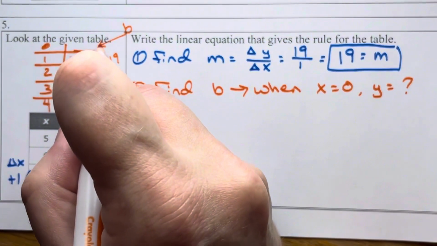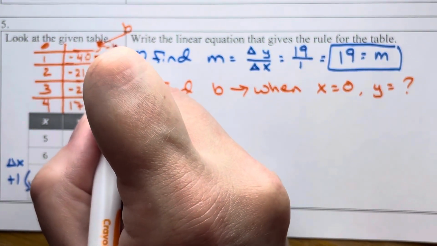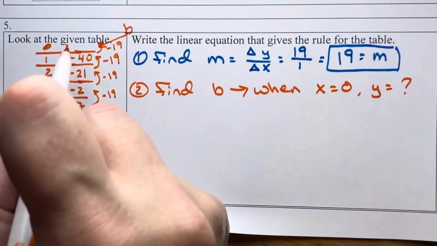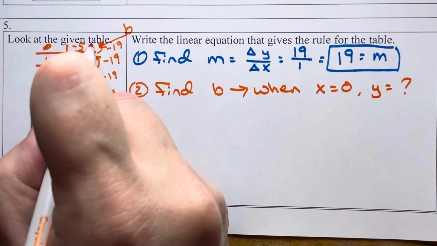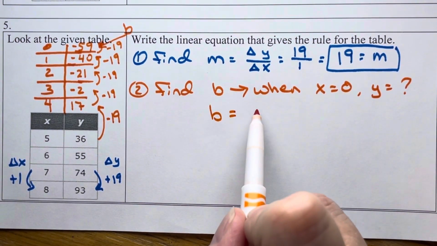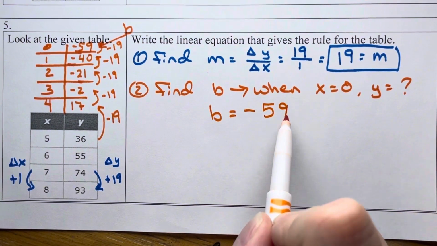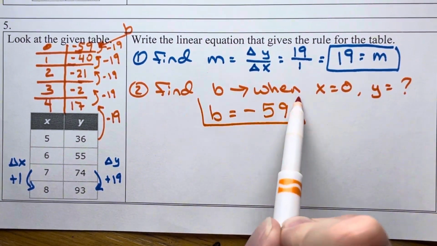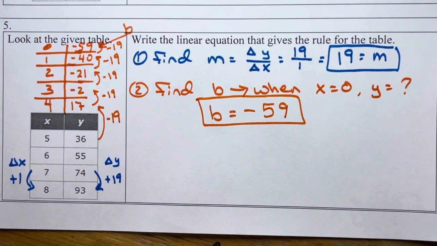And finally, -40 minus 19 is -59. So our b, our y-intercept, is -59. We finally found it.